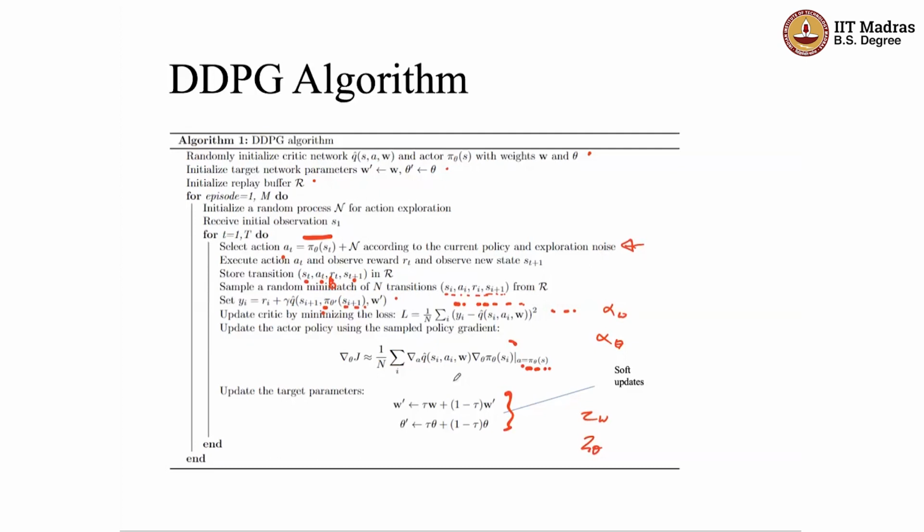Typically it should be noise, and there shouldn't be an expected shift in the policy direction when you add the noise to it. The noise should be such that the expected value of a_t should be equal to pi theta.